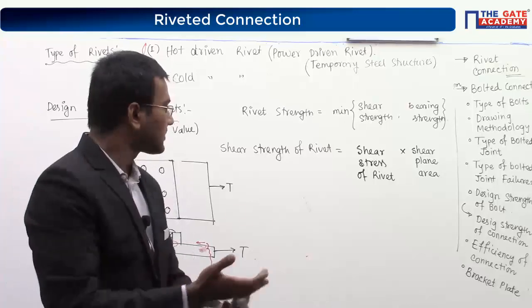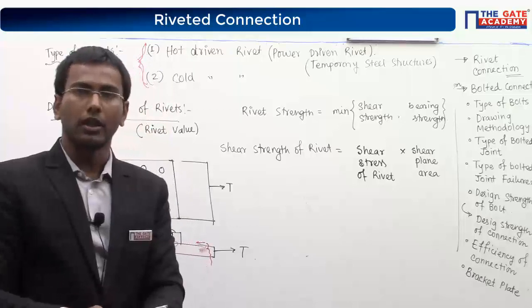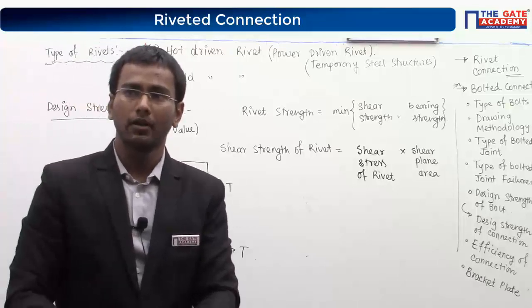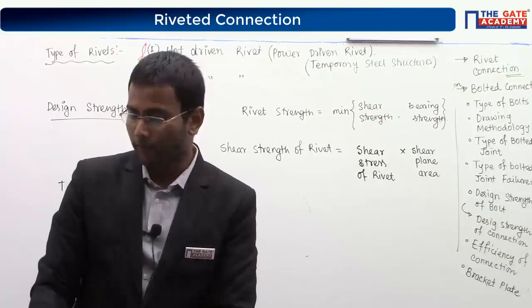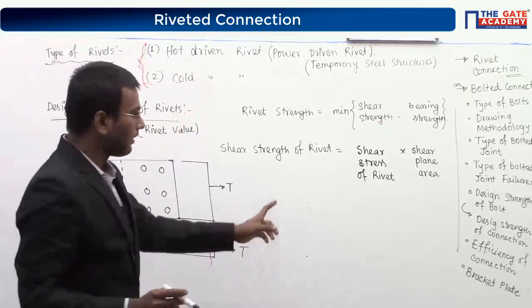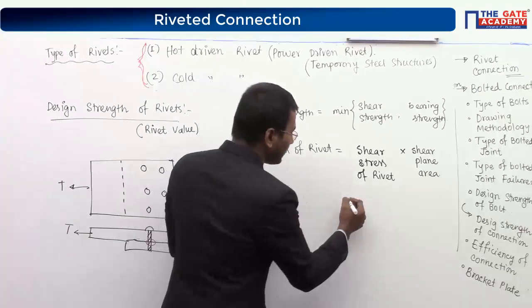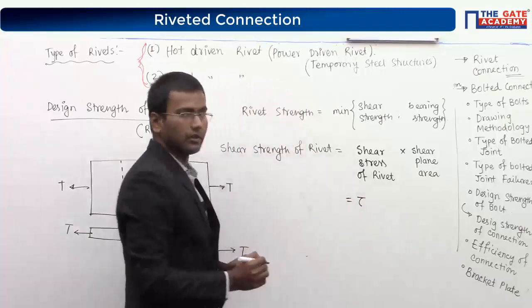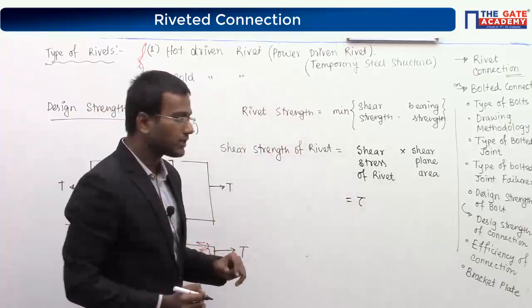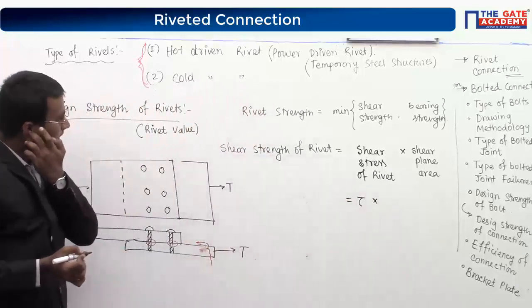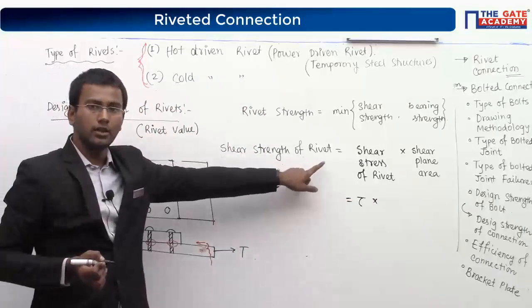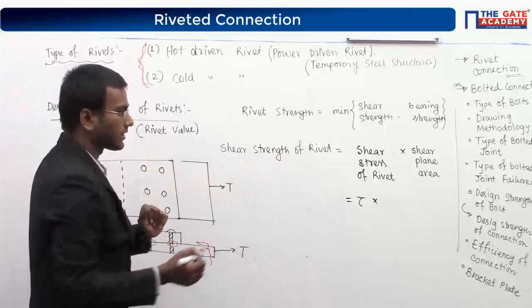Somebody, what is the shear stress value? If yield stress is Fy, correct, 0.4 into Fy or 0.45 into Fy. So I am not writing the value here, I am only writing it in terms of shear stress value tau, right, multiplied by shear plane area.